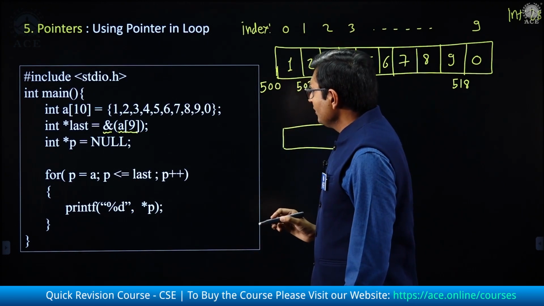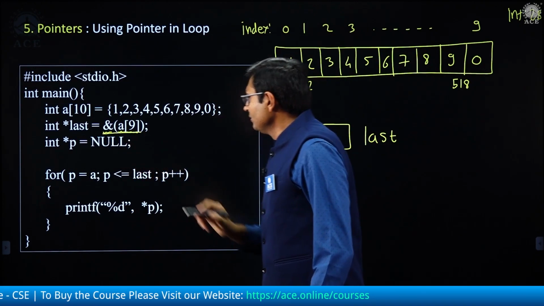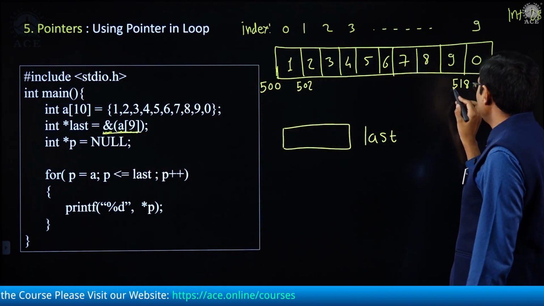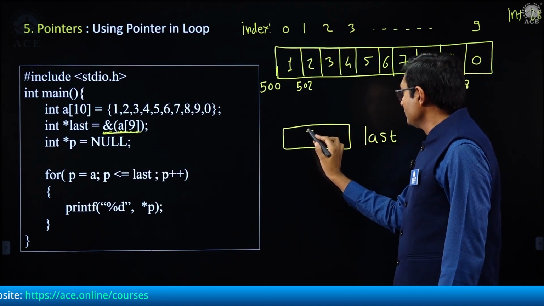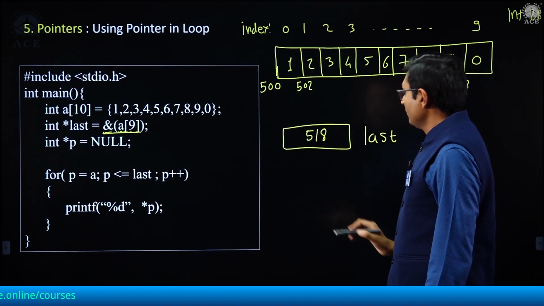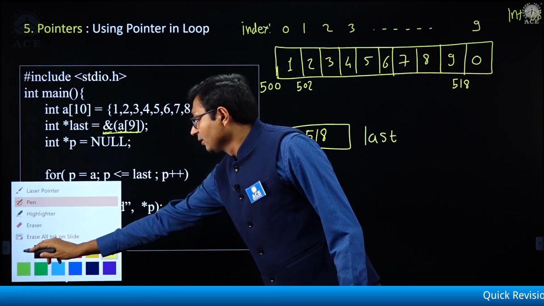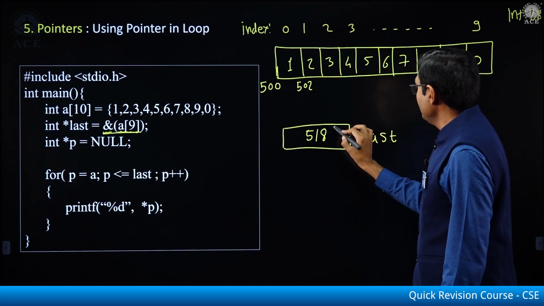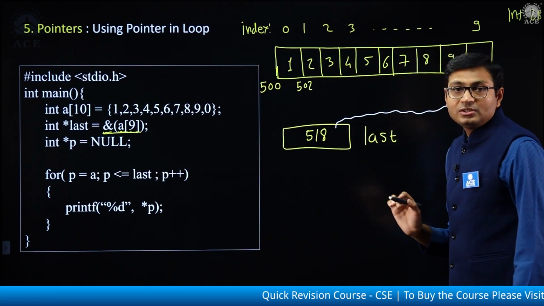Alright. Now, what is this expression? This expression is nothing but 518, and that 518 is going to be stored in the variable last. So, nothing but this is pointing to this element in the array.